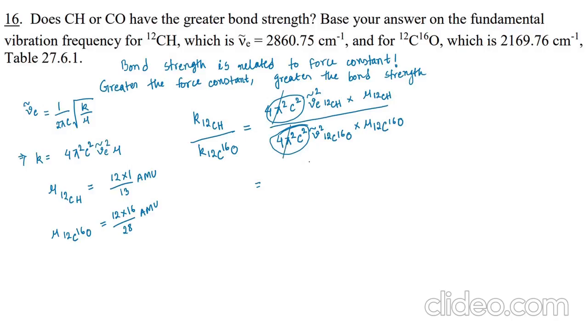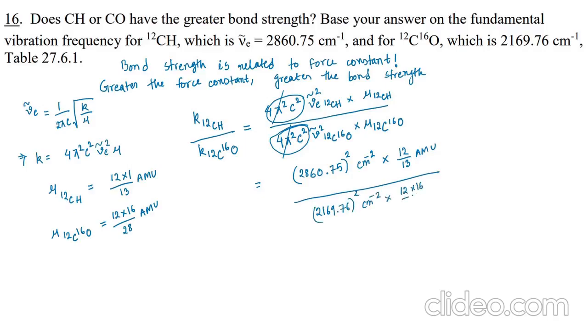This value is given. So for CH it is 2860.75 square of that centimeter minus 2 into 12 by 13 amu, divided by 2169.76 square centimeter minus 2 into 12 into 16 by 28 amu.